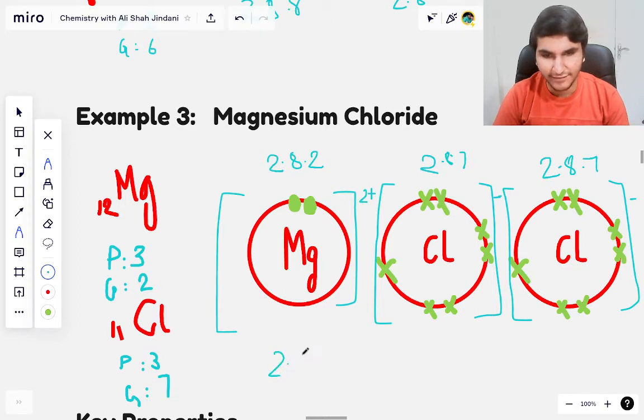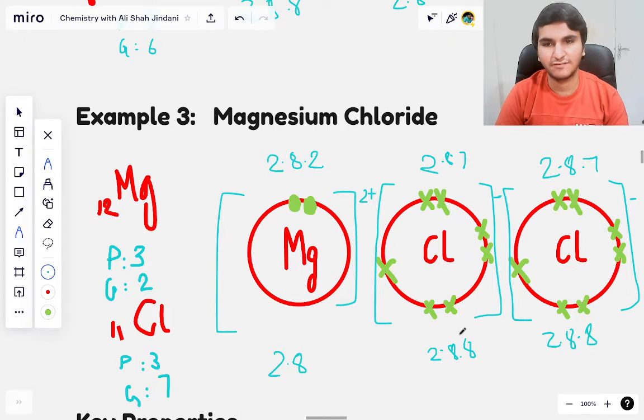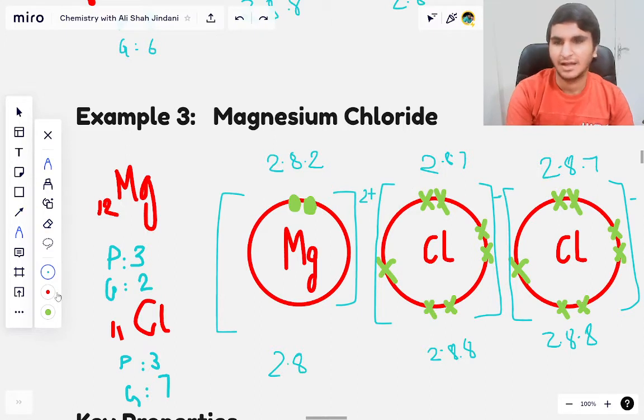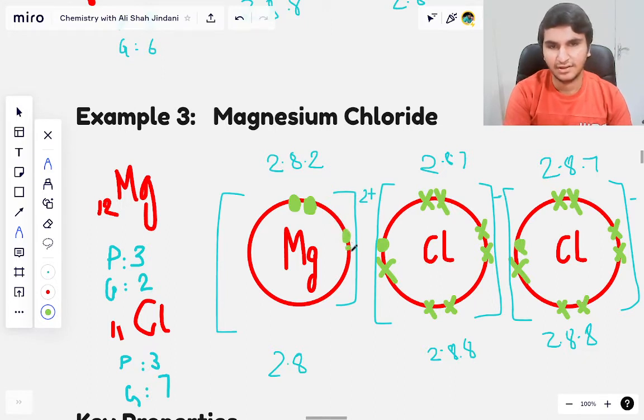After the transfer, we've got 2 8 8 and 2 8 8, and you can see that all three of these ions are now stable. After the transfer has taken place, there are 2 in the first shell, then 3, 4, 5, 6, 7 and 8 in the last shell.